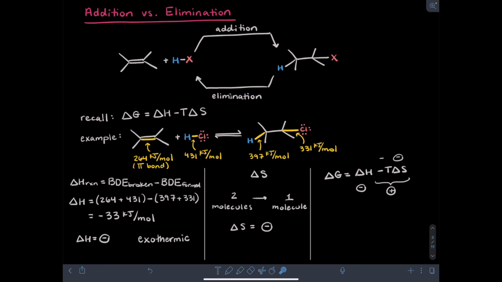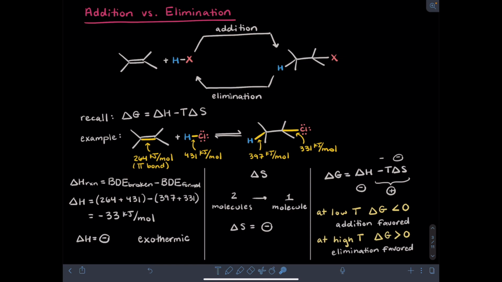So you could think about this negative for enthalpy being in competition with the positive for entropy. And recall that we want delta G to be negative overall for our reaction to be spontaneous and favorable. So let's consider we have a low temperature. When this is the case, the T term will be small, and the positive thing is going to be smaller than the negative one. Delta G will therefore be negative, and this would mean that the addition reaction is favorable.